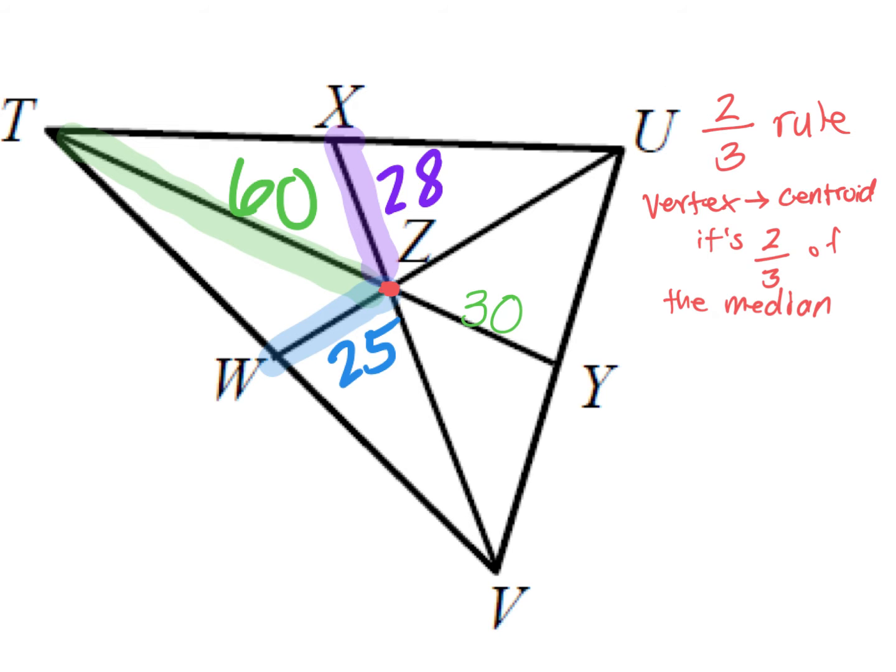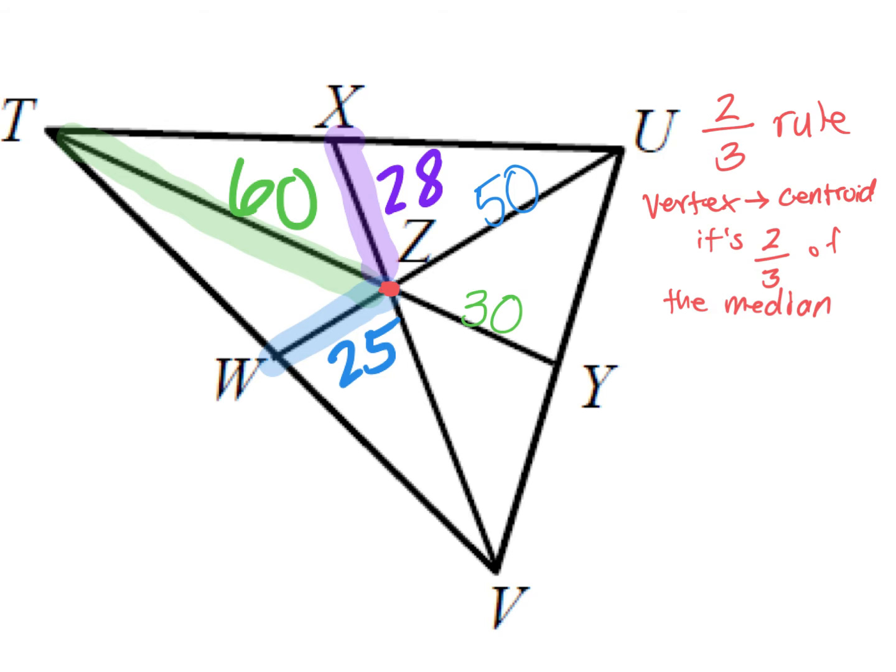Now let's do the same concept to find ZU. Since I'm given the 1/3 portion, in order to get to the 2/3, I have to multiply the 1/3 times 2. So that means 25 times 2.